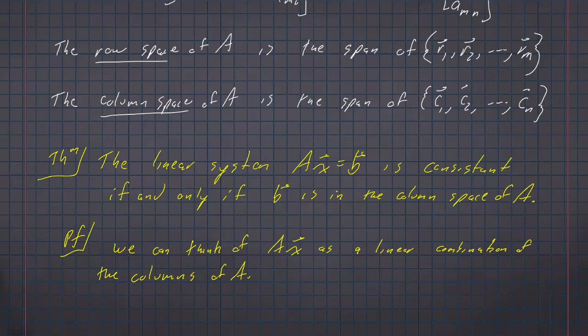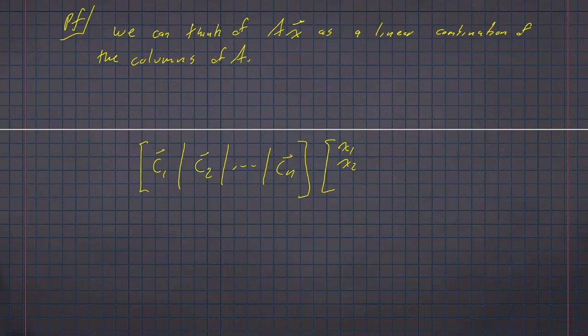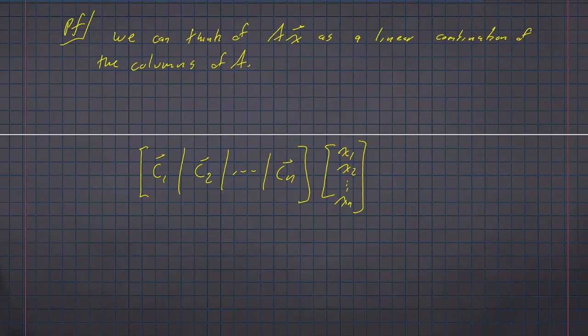But we can think of AX as a linear combination of the columns of A. If I rewrite matrix A as the column vectors, and I rewrite X as the column vector x1 through to xn, then the process of multiplying this matrix times the vector is going to be x1 times c1 plus x2 times c2 plus through to xn times cn.